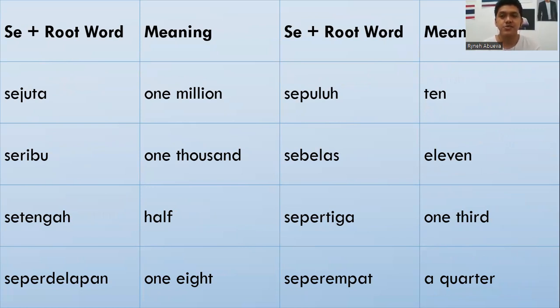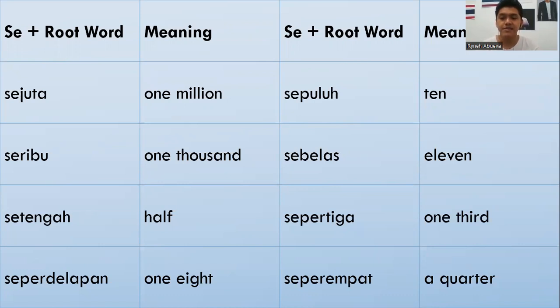So se plus a root word, for example, se plus juta. Juta is the root word meaning one million. So it becomes sejuta. Seribu meaning 1,000. Sometimes in conversation it is just ribu, meaning thousands. Setengah. Setengah means half.